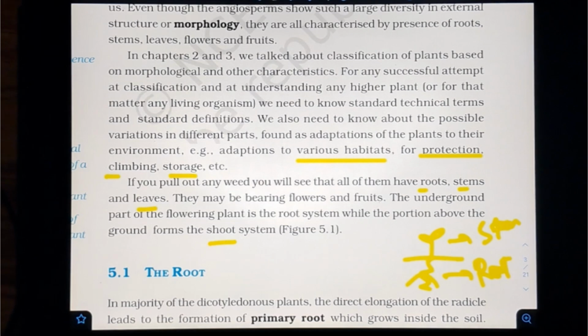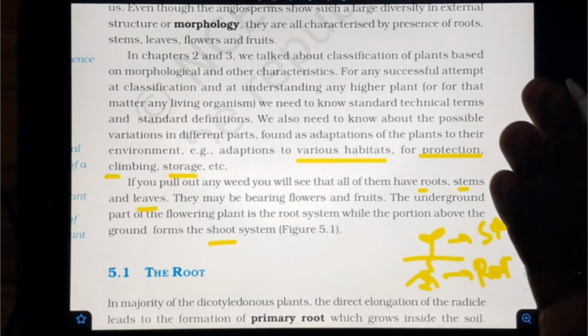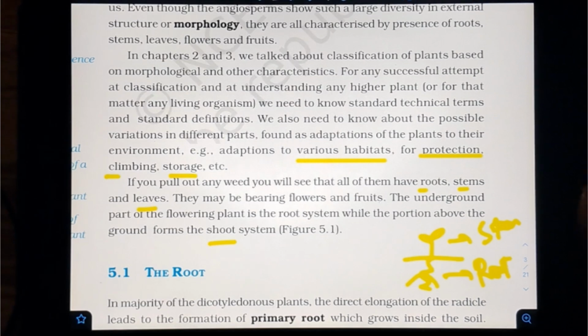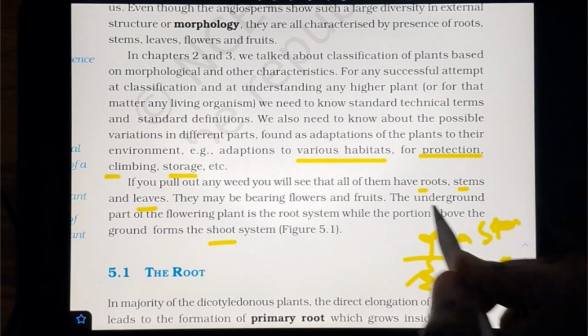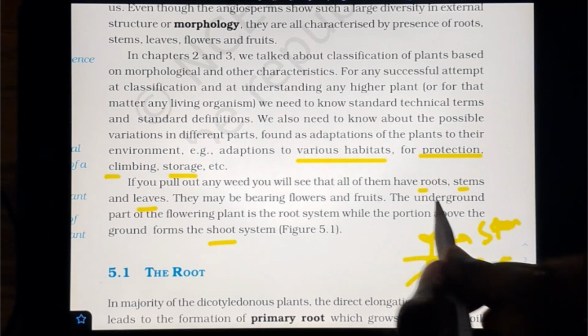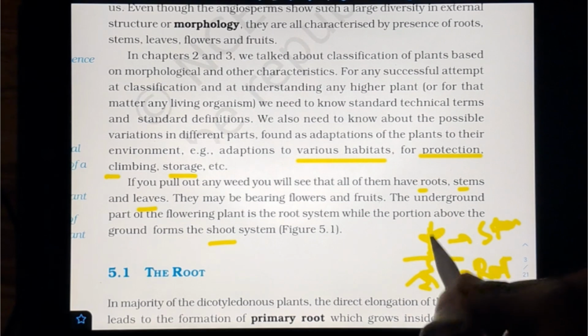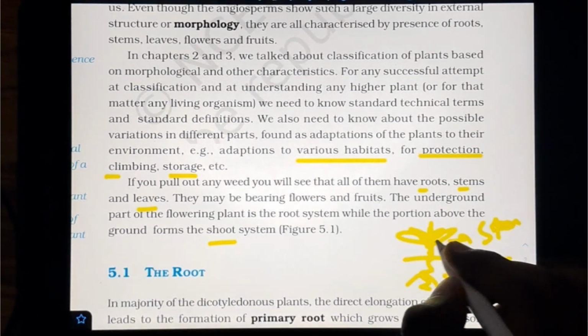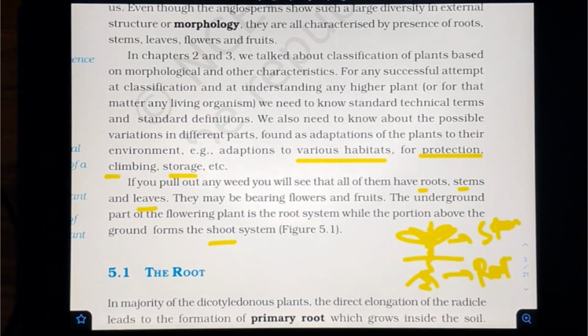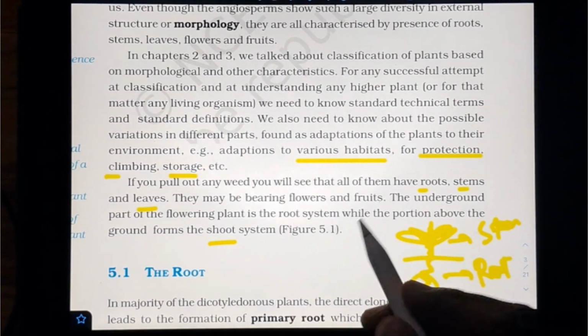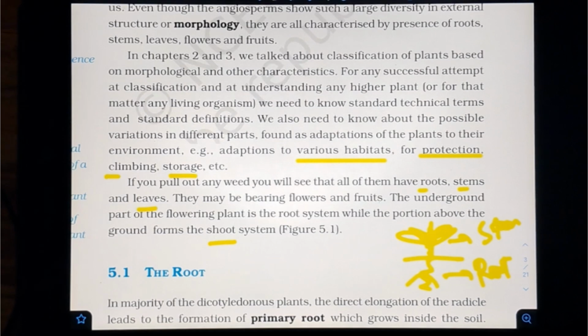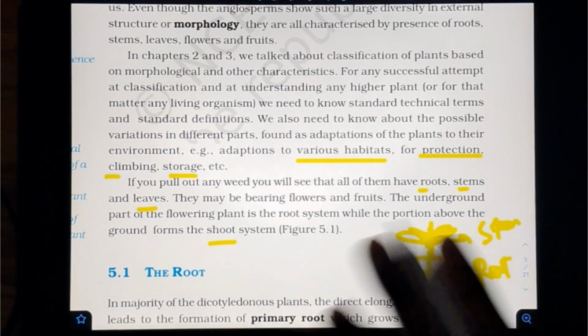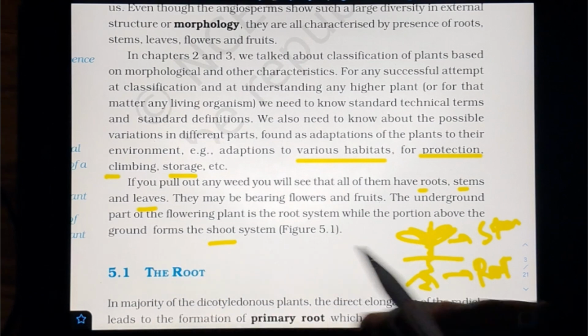If you go to the fields and pull out a weed plant, you can observe the roots, the stem as the aerial part, and the leaves. Some of them may also bear fruits and flowers. The underground part of the flowering plant is the root and the portion above is the shoot.